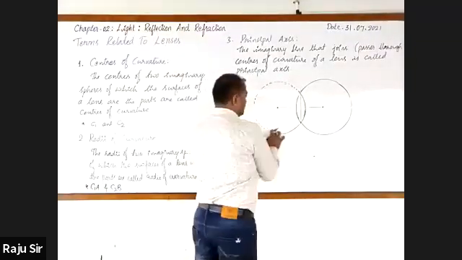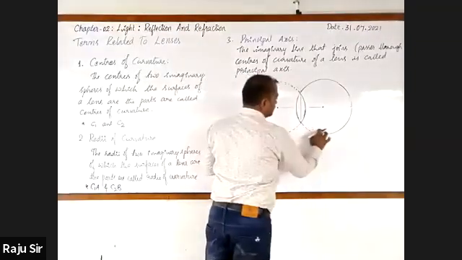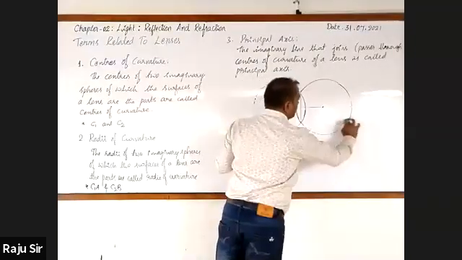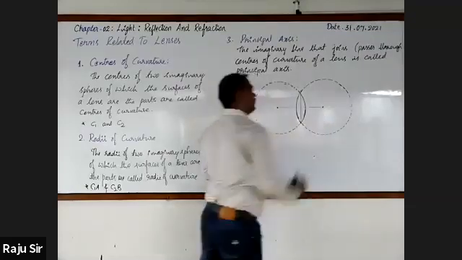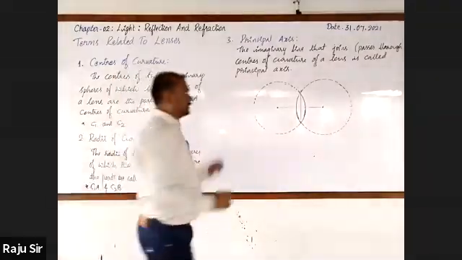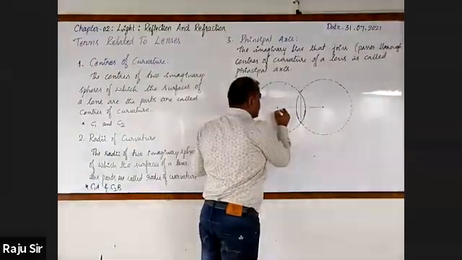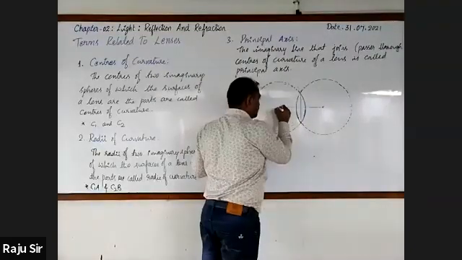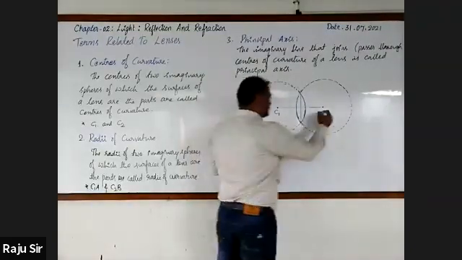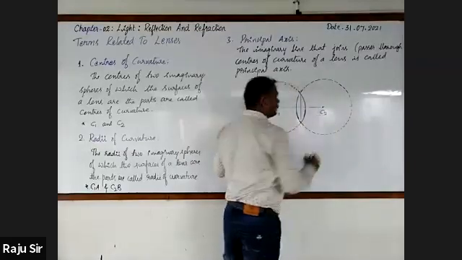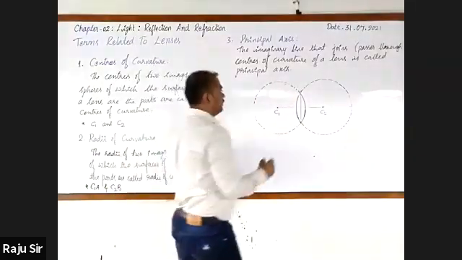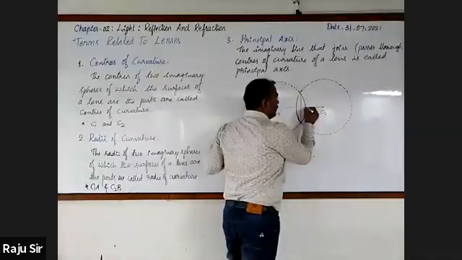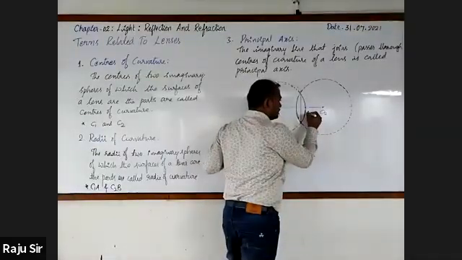Show the dotted line, which indicates the imaginary sphere. Next, name this as C1, the first center of curvature, and C2, the second center of curvature. And C1 to A, this is a radius.